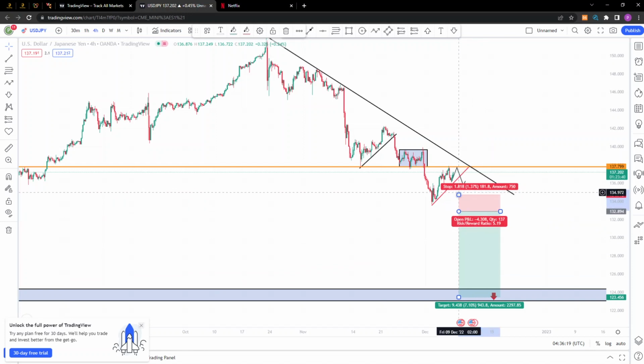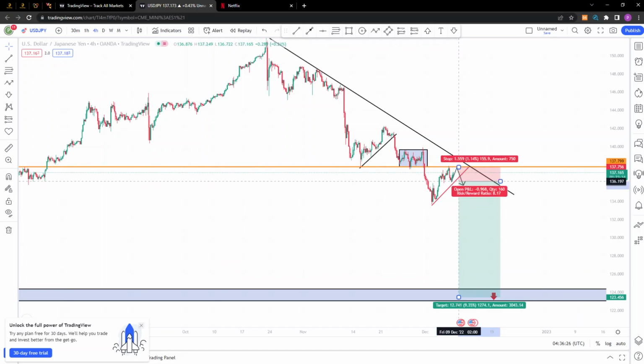So I prefer you lock in 50% of your profit. Meaning, if you have 10 lots open, you close 5 lots and leave 5 lots running. Right. So that's it. Okay.